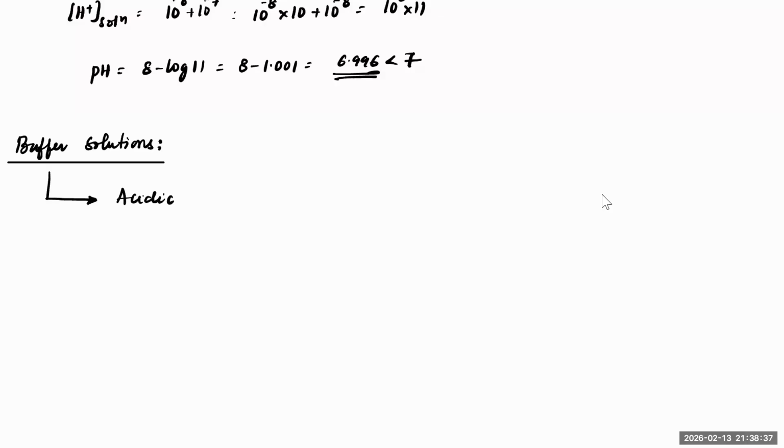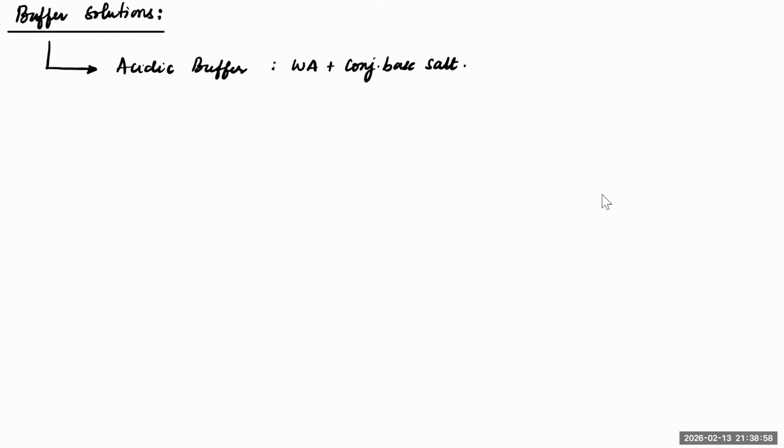I will do it through problem solving, so don't worry about it. So let us focus more on the important part of the theory, acidic buffer. Acidic buffer means our expectation is there must be a weak acid along with its conjugate base salt. So if you have this combination, then we say acidic buffer is present.